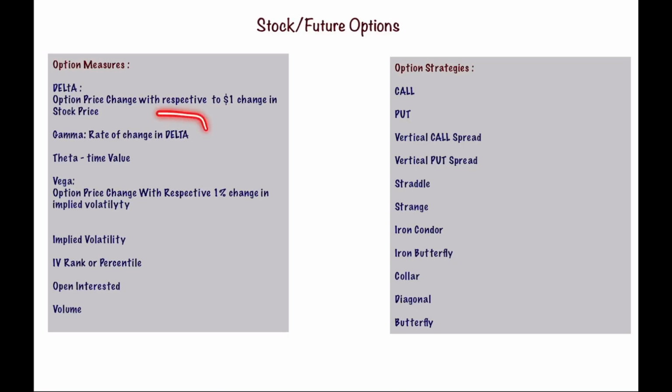And gamma is the rate of change in the delta over time. It is also the first derivative of delta and the second derivative of option price, and measures the stability of the delta. Since delta talks about the probability, gamma measures the stability of the probability. Theta is the time decay as the option moves to expiration.